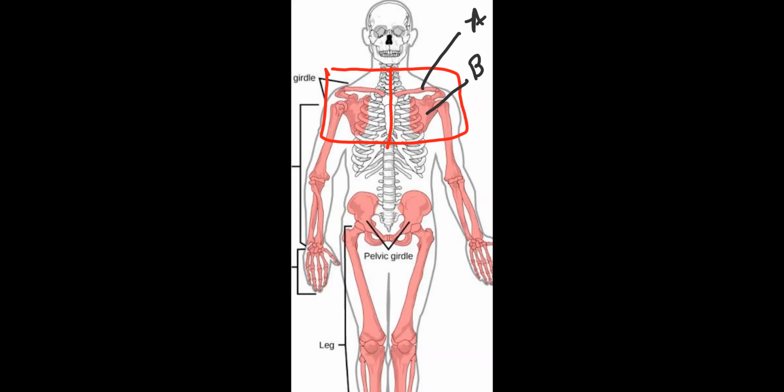One in each half, so two halves will make it four. What about the shape of scapula? Triangular, flattened structure.